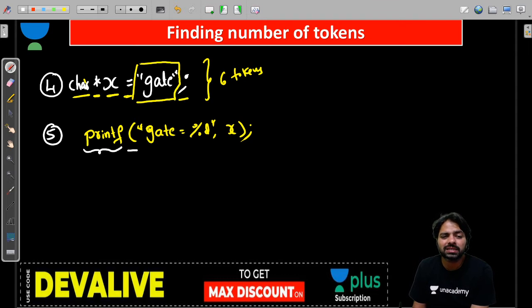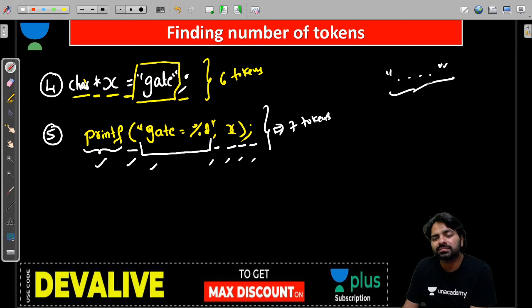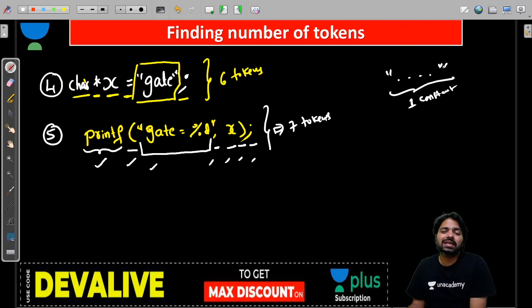Printf, open parenthesis, and here one constant, comma, x, close parenthesis, and semicolon. 1 2 3 4 5 6 7, 7 tokens here. String constant: anything you write inside, it is one constant. That is called a string constant.